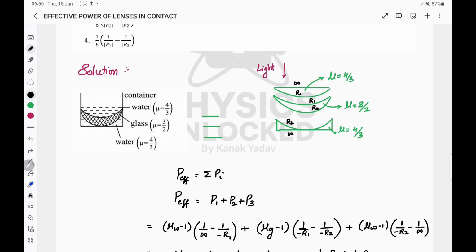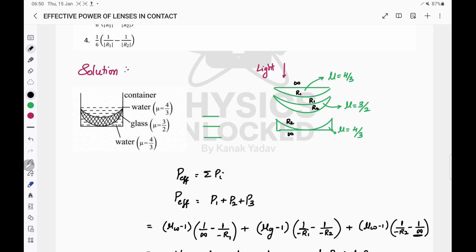Similarly, for the second lens, the concavo-convex lens, again both the radii of curvature I'm taking as negative. For the same reason, their centers of curvature lie above the lens, whereas light is going downwards. Similarly, here R2 is also negative, which is the third lens's upper curvature, because its center of curvature is upwards and light is going downwards.